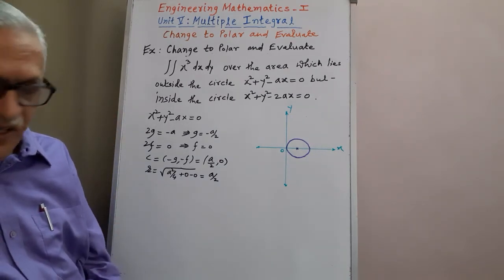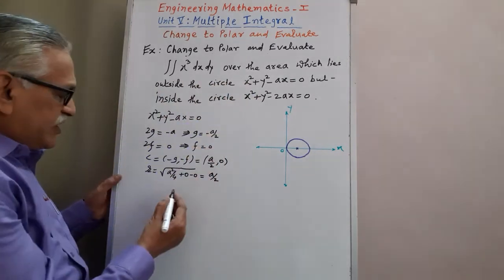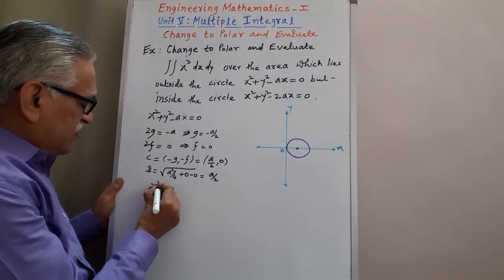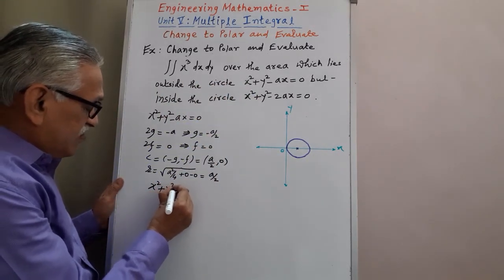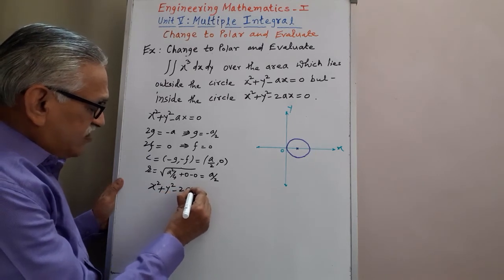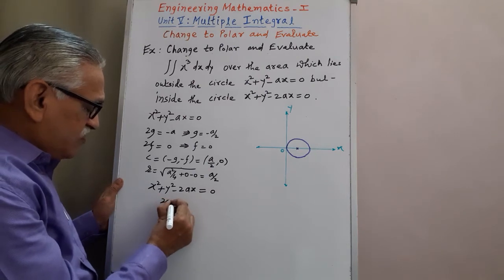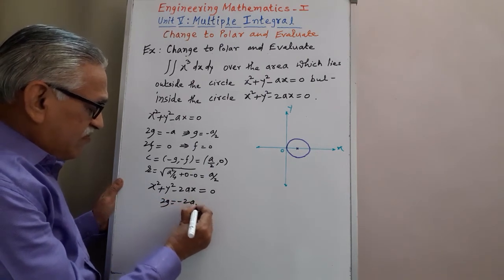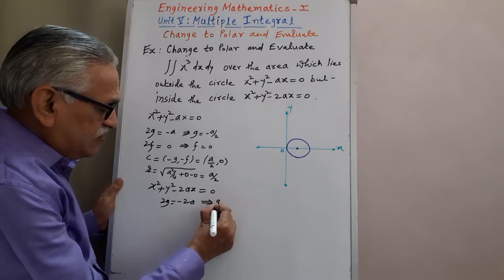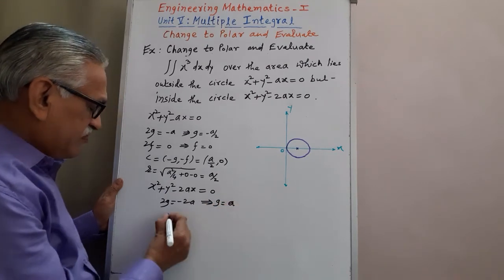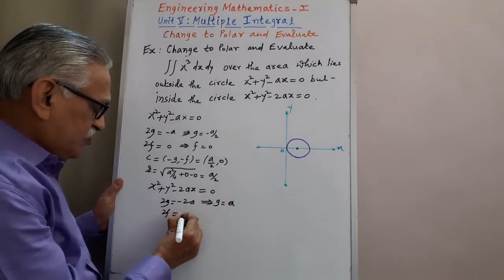Then similarly for the second circle, it is x square plus y square minus 2ax equals to 0. Comparing, we get 2g equals to minus 2a. It implies g equals to minus a. 2f equals 0.